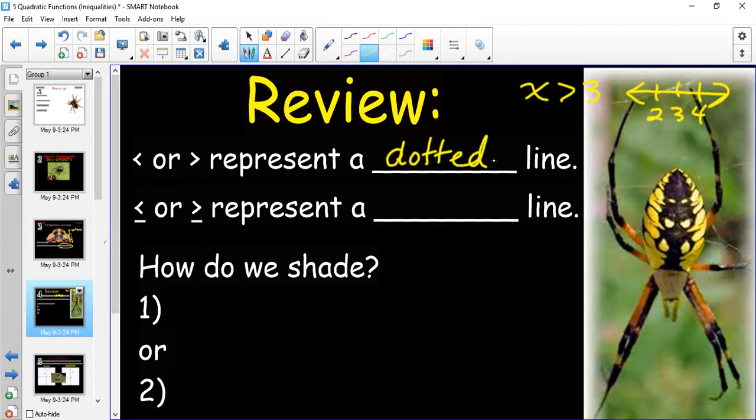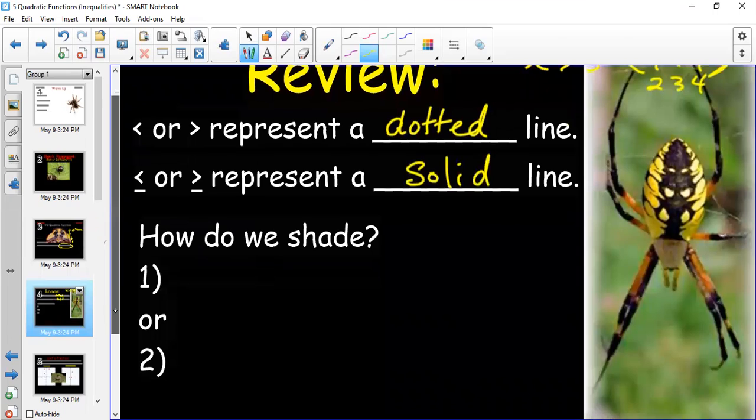Okay, and if you remember, we did this in graphing lines. If we had equal to underneath, that meant a closed circle on these, or when we were graphing lines, that meant a solid line. So we're still going to have a dotted parabola or a solid parabola this time.